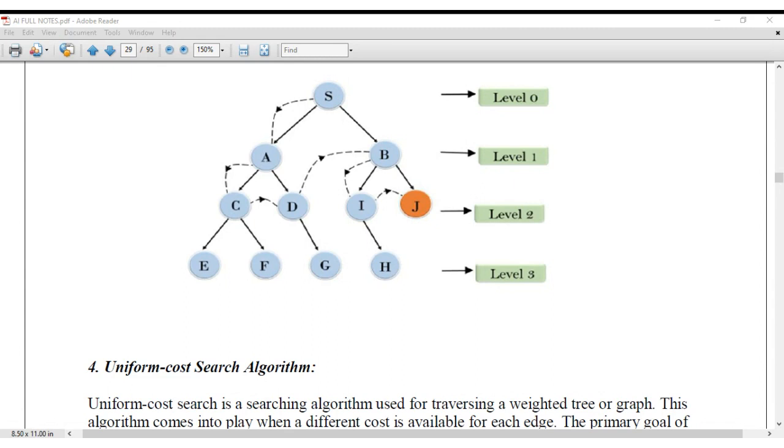Why? Because by setting the limit, we know that we don't have to search all through. We can actually go to the next node in that particular level. We can go to the other node so that we don't waste time going deeper and deeper.